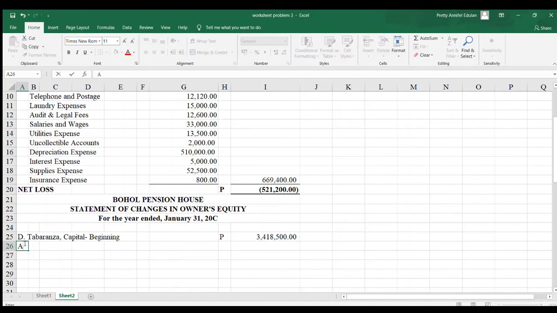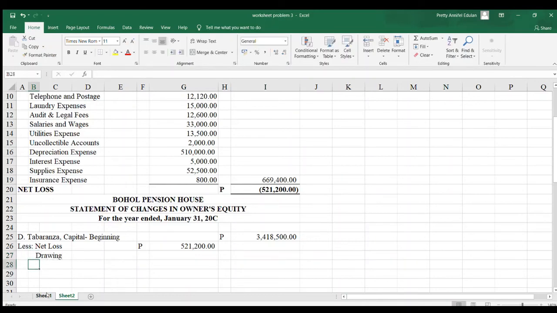Add. So is there something to add? We don't have net income. We don't have additional investment. So it's just less. Let's start with net loss. Since we have two items to deduct, as I told you, you will make another column. Then drawing.